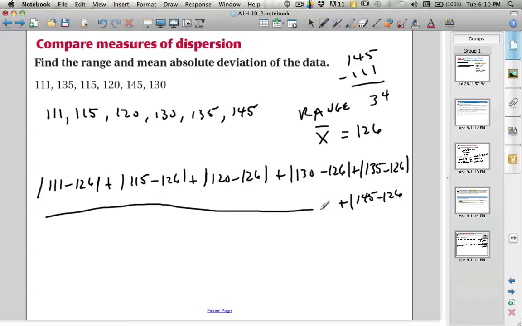I'm going to need to move some of this out of the way to have room. And all this will be over 1, 2, 3, 4, 5, 6.